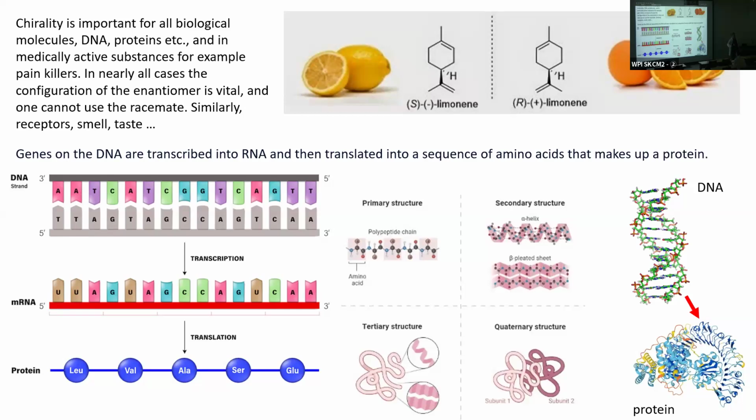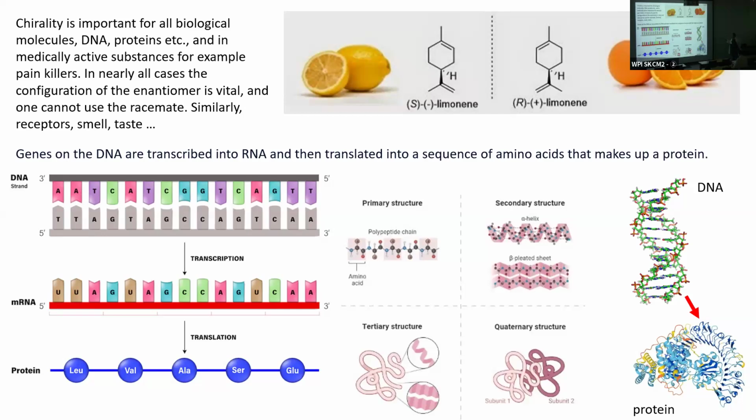DNA as a helical molecule is of course chiral, and that's important in the replication of genes and so on, where the DNA is transcribed into RNA, which then translates into a sequence of amino acids. And remember, these are all chiral, they're all left-handed.